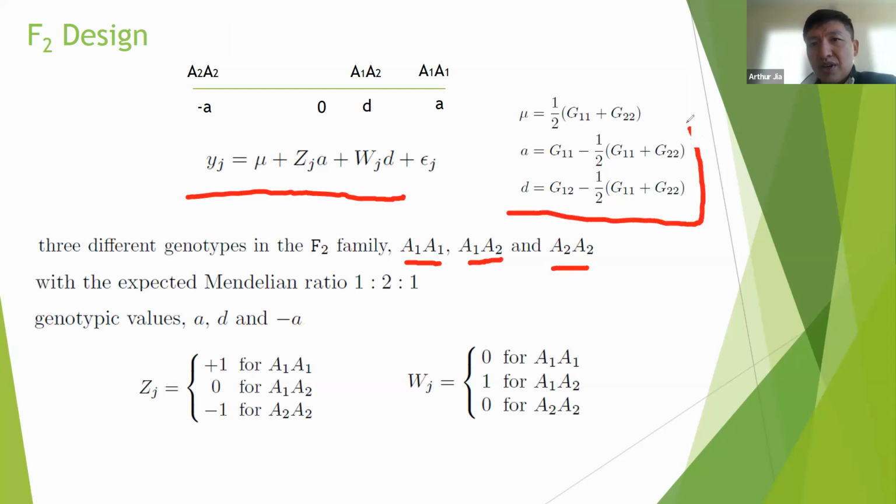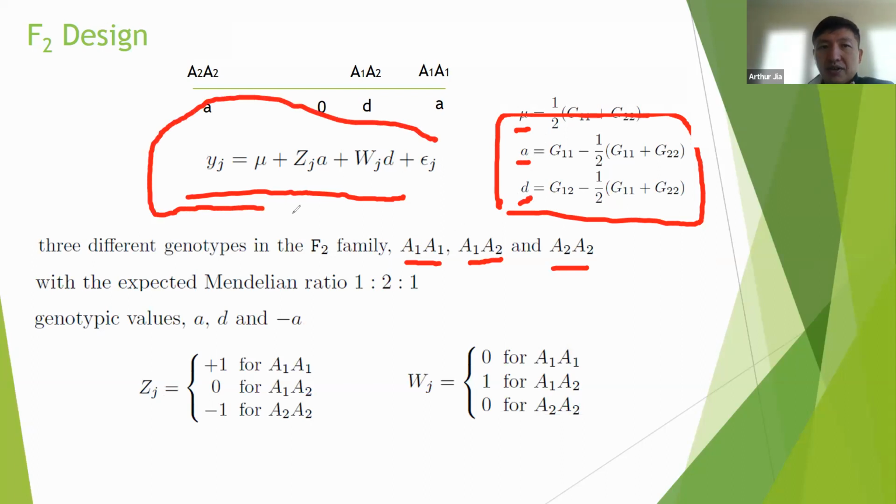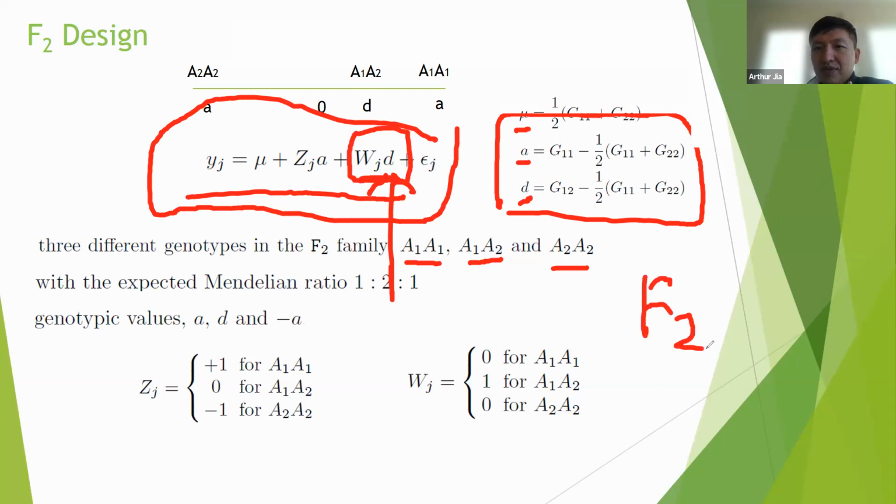Which means we have 3 equations, and we will be able to estimate all 3 parameters here. Then we're going to use a full model. So in this model, we have another term here, right? We use this to estimate the dominance effect. Then with the F2 design, we can test both effects to see if any of them is non-zero.